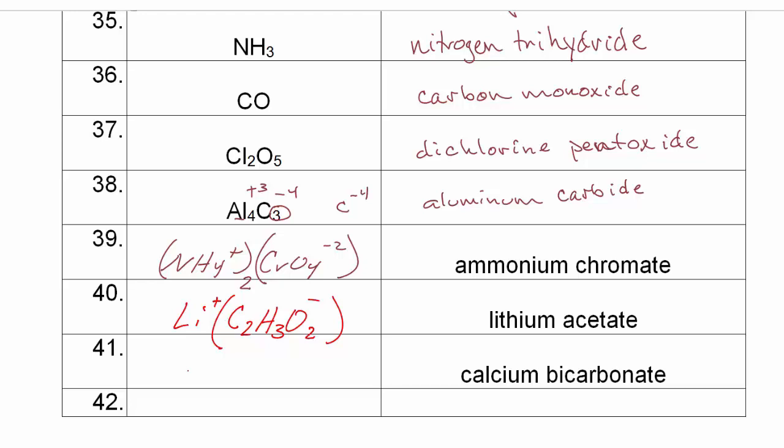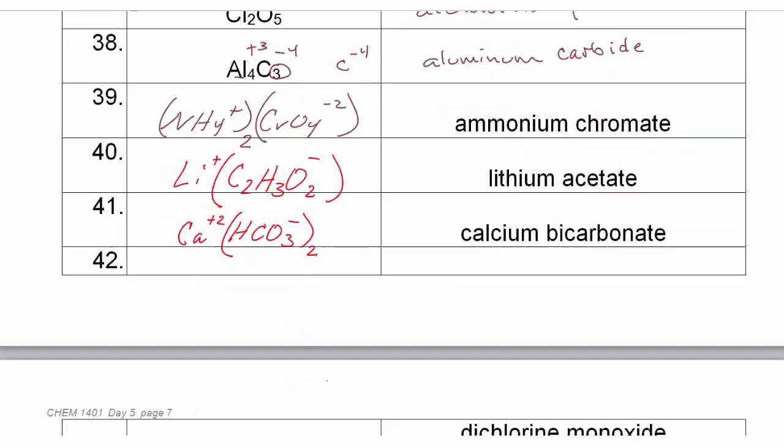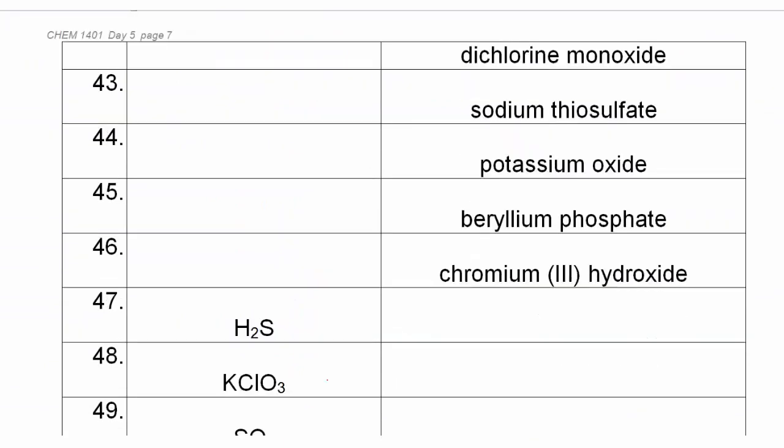Calcium bicarbonate. Calcium has a +2, it's in group 2. Bicarbonate is HCO3 negative. Let's bring the 2 down there. We see a di, so no metals are present. This is the molecular compound naming method.